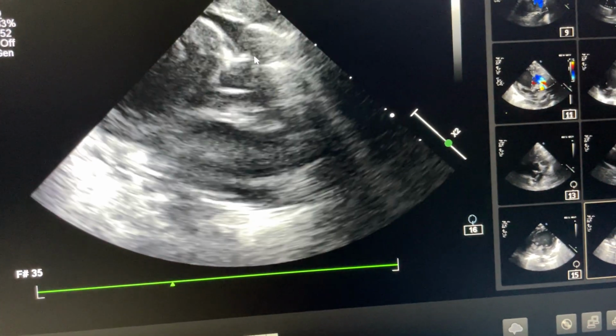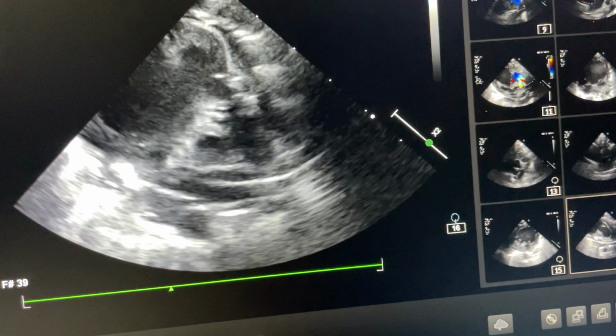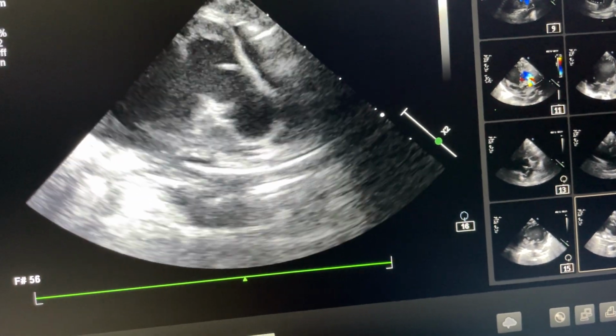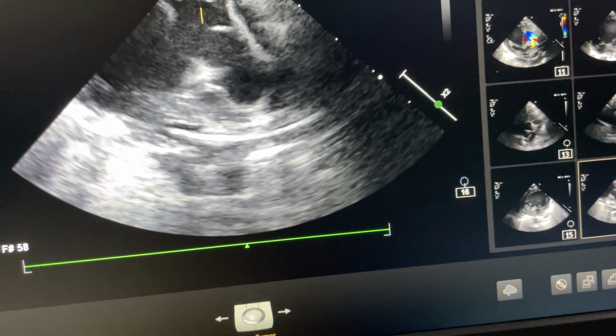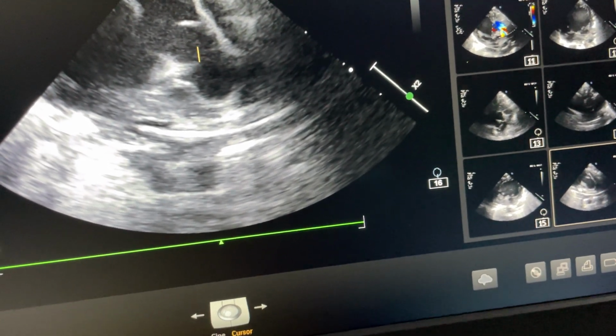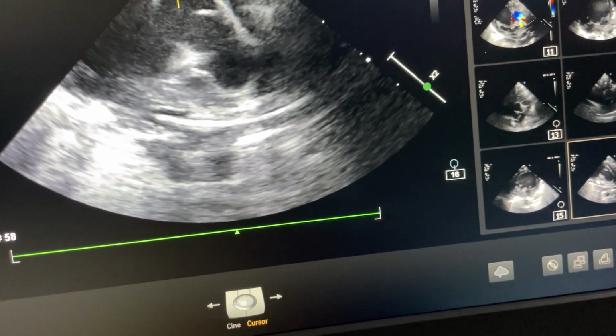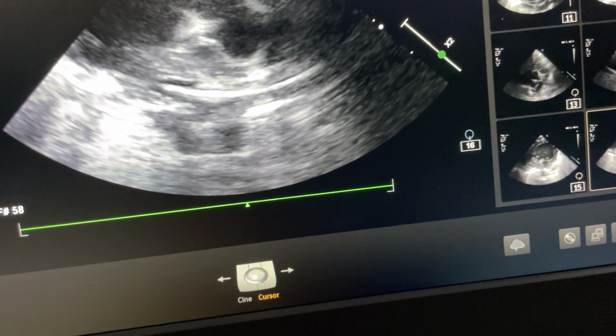Now see in this image, this is aorta and this is pulmonary artery. This is the right ventricle outlet portion, because this portion gives origin to the main pulmonary artery. So this is the right ventricle outlet portion, and this is the VSD.